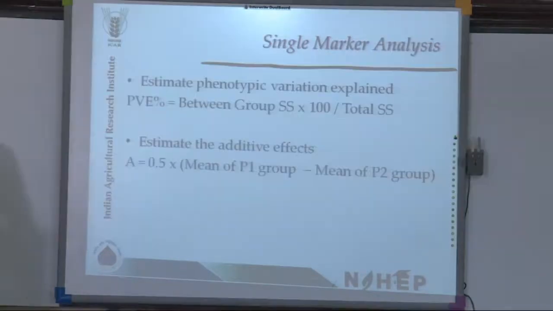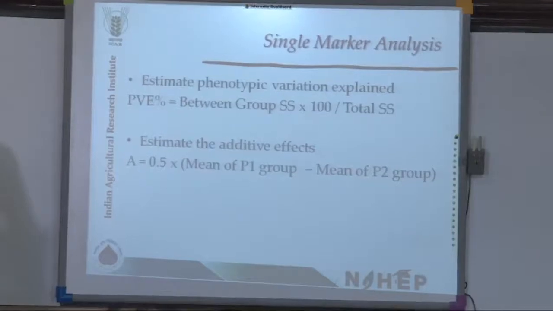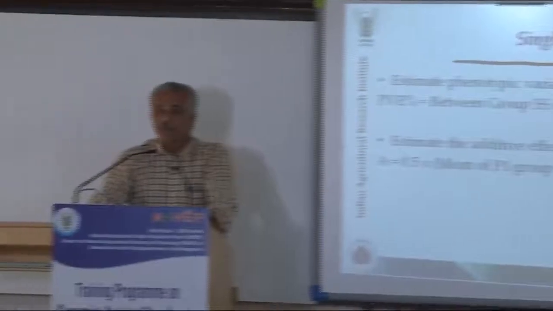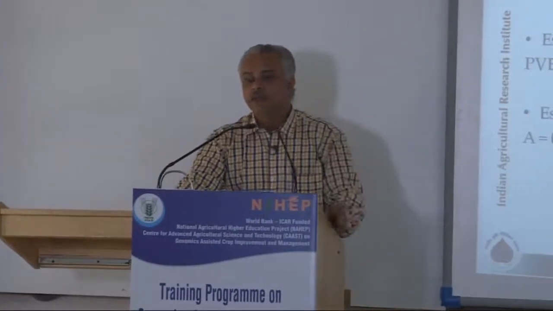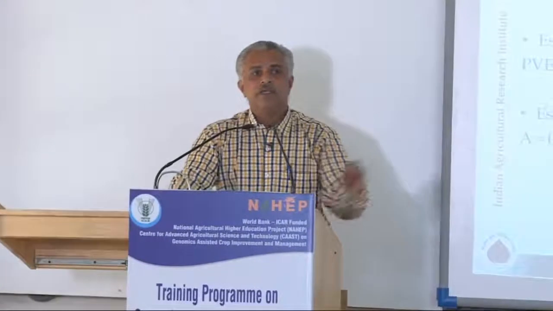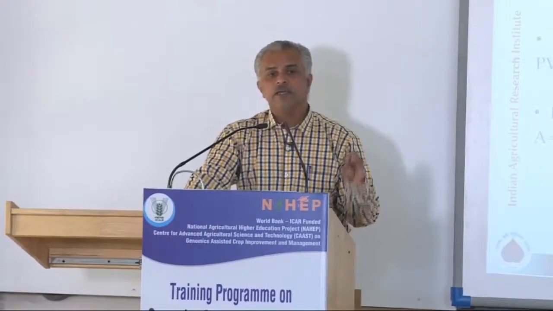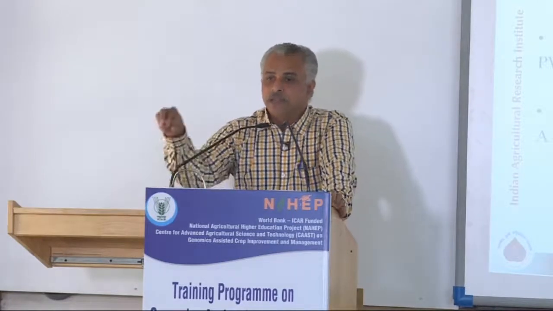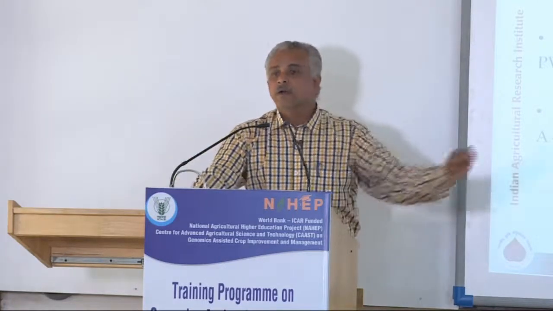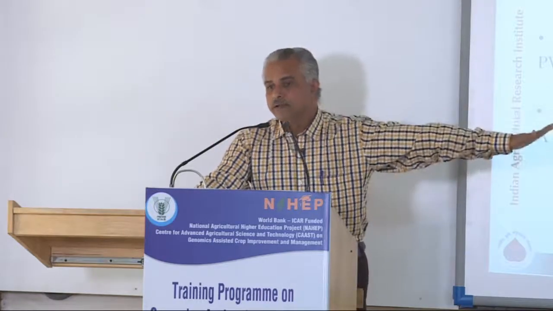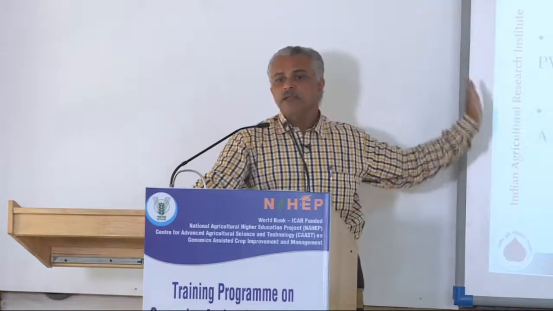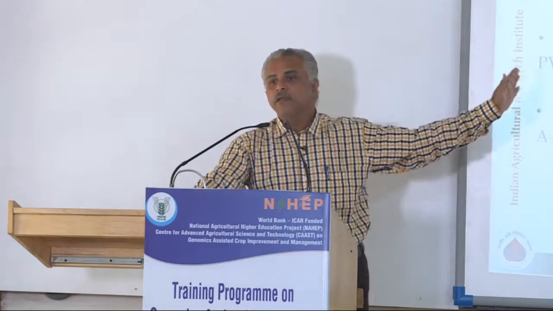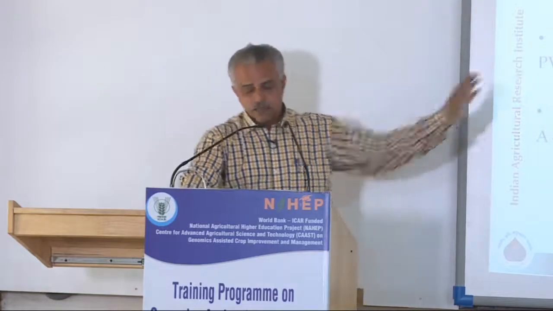If the additive value is positive, you say that parent 1 is the contributor of the positive allele. In case the additive value is negative, the contributor of the positive allele is the second parent, because we are subtracting P2 from P1. So, if P2 is higher, you will have the negative value.